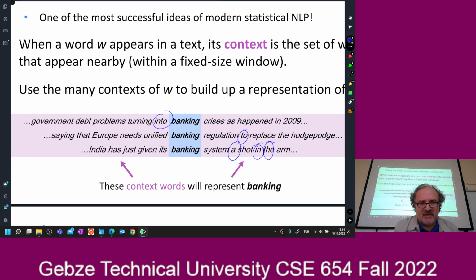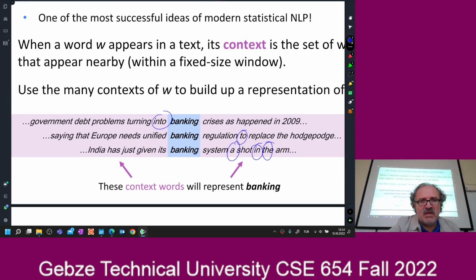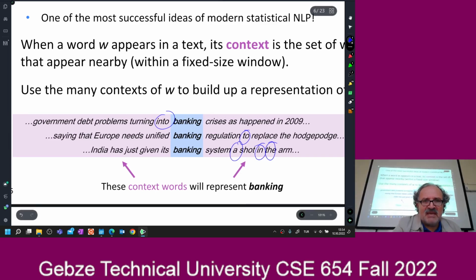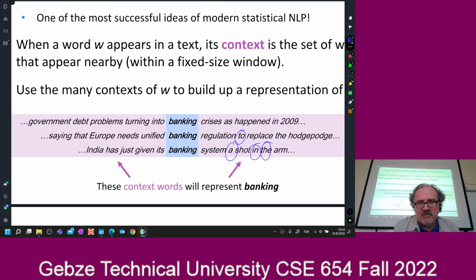I think we talked about this in English. Okay, this is banking crisis. So this is talking about the banking industry, I guess. This is banking regulation. Again, it is talking about the banking industry. The third one is talking about the banking industry again.